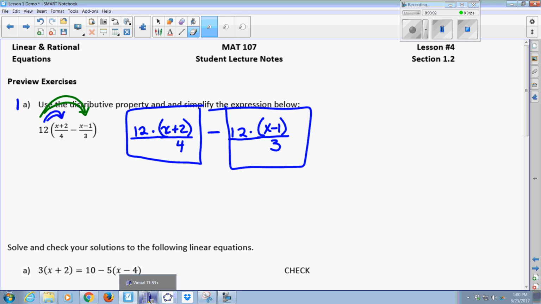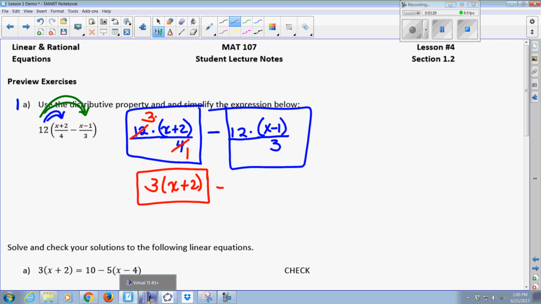I can do that in this case because 12 and 4 have a common factor, 4. So this 12 over 4 becomes 3 over 1. So I can write this as 3 times x plus 2. Oh, that's a lot nicer to look at.